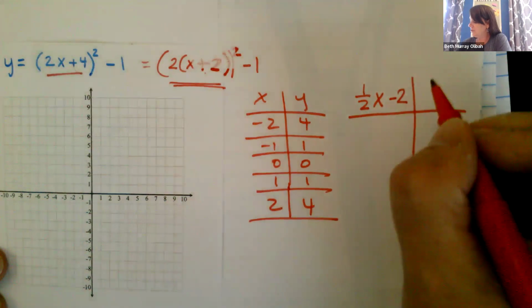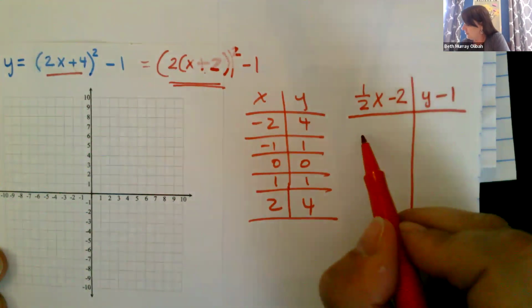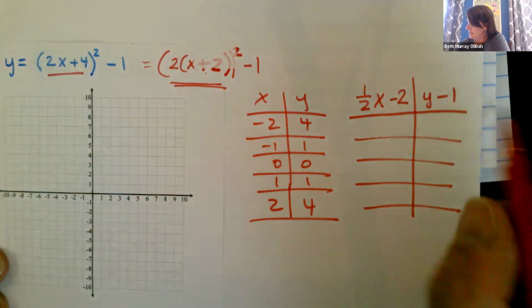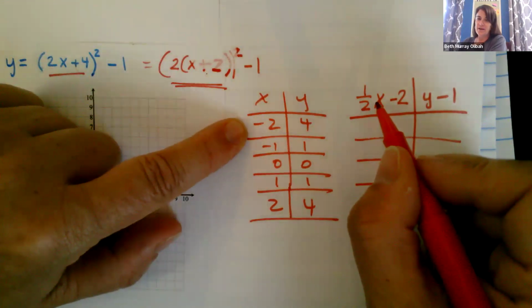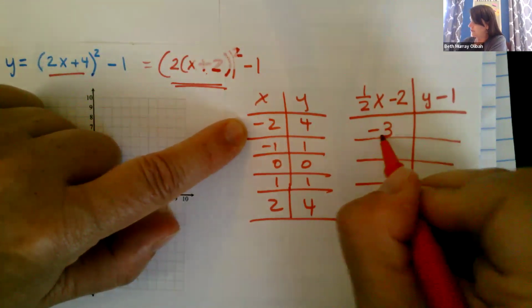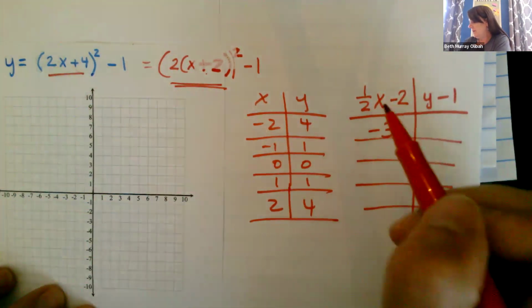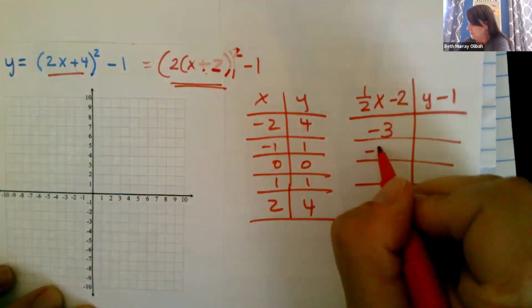So that is me doing the opposite of both of those inside transformations. Outside of the function, I just have a -1. So remember, you do not do the opposite of that. So -2, if I multiply by a half, I would get -1 minus 2 is -2. If I plug in -1, I get -1/2 minus 2.